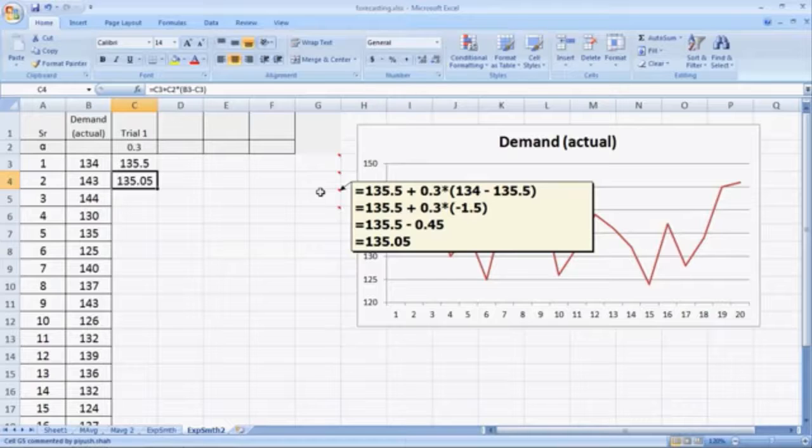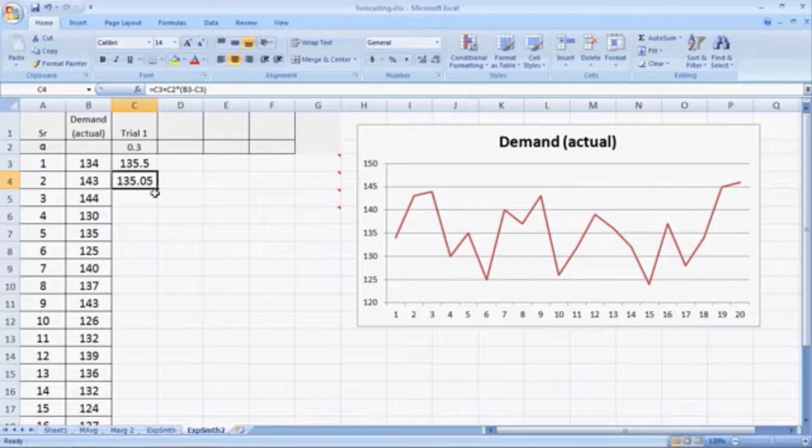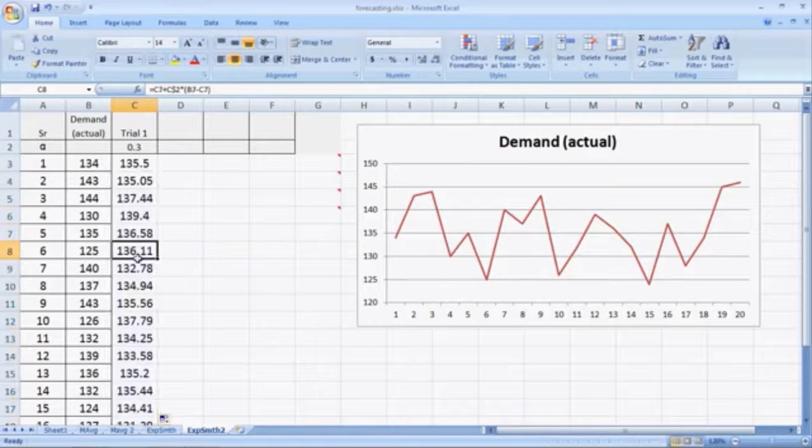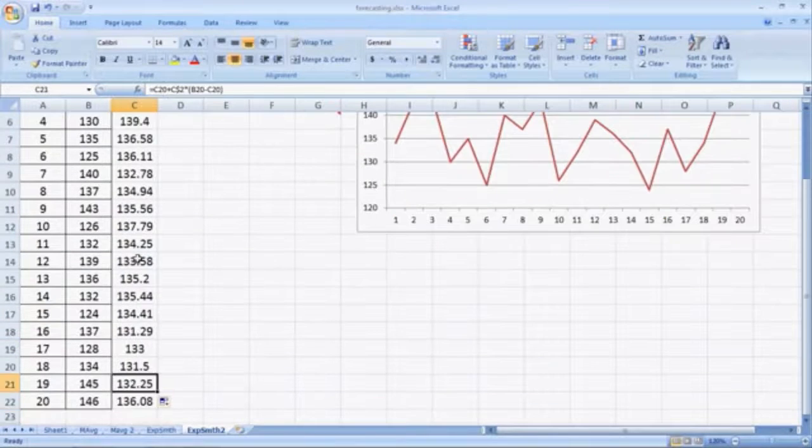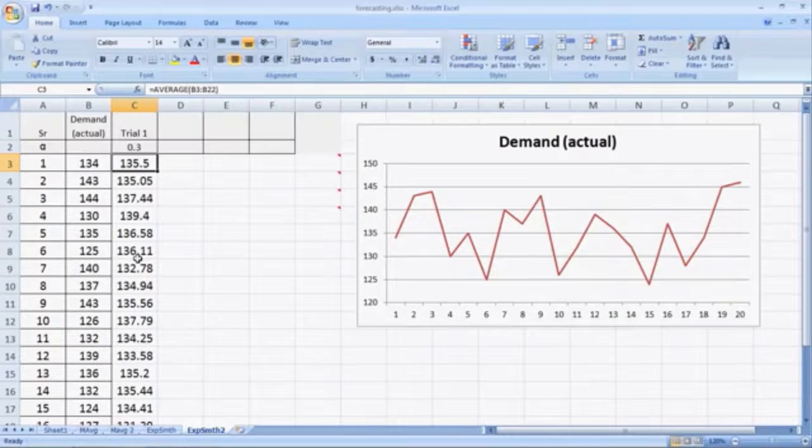Multiplying this by 0.3 we get negative 0.45. When we subtract 0.45 from 135.5, we get 135.05, what we have here. We fix the cell for the smoothing factor, C$2, so that it stays fixed, and after that I can double click here to get all the forecast values for the 20 periods.